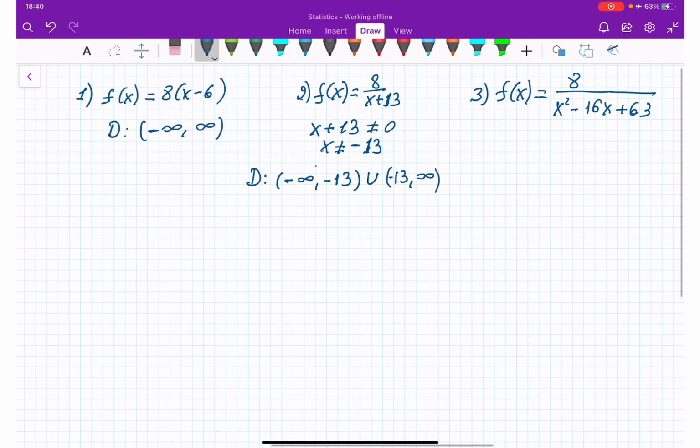Okay, we have division. So if we have division, I have x in my denominator, so I have to make sure my denominator cannot be equal to 0, right? Because we cannot divide by 0. So similar to number 2, we write down x squared minus 16x plus 63 cannot be equal to 0.